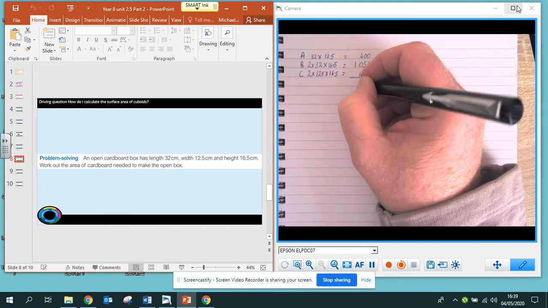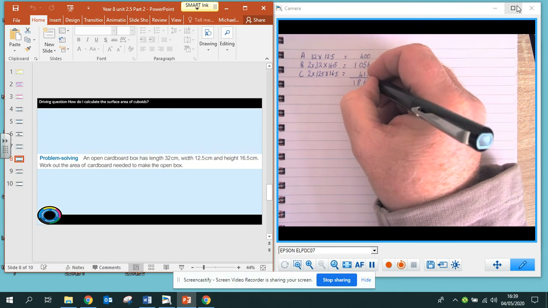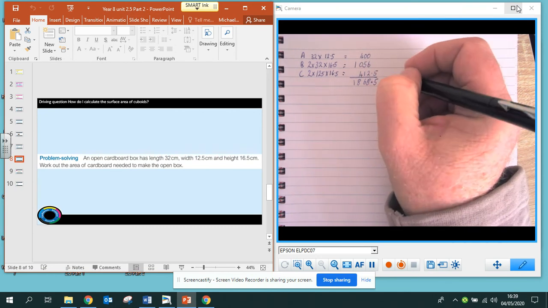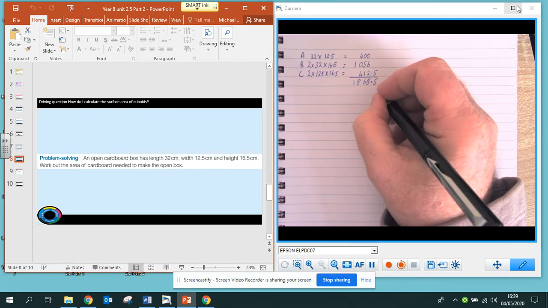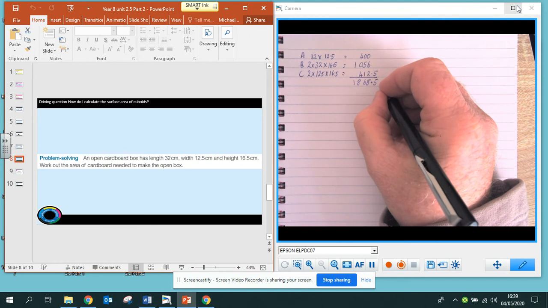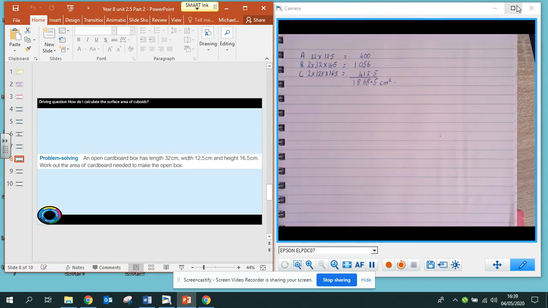Adding all of those together, I get 1868.5. And once again, we check our unit. Everything has been in centimeters, so my answer must be in square centimeters.